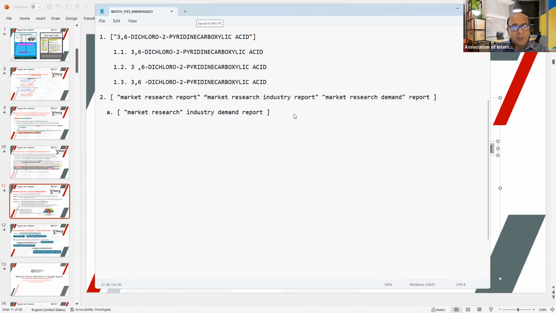So this is the first, let's just say this is A. Now I want to do B version of it, maybe expand on what I wrote in A and see how I can improve it. Market research. Now I might want to do it this way.